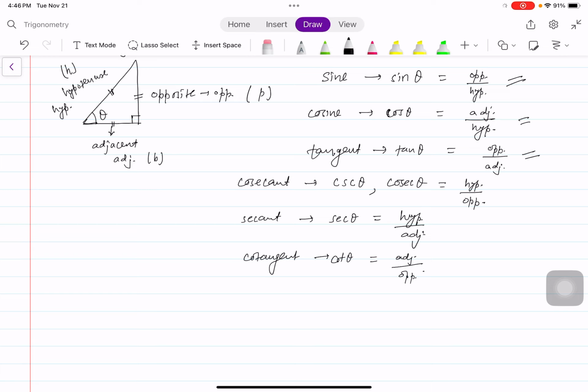So these are the 6 trigonometric ratios. People shorthand use these things to remember these formulas.